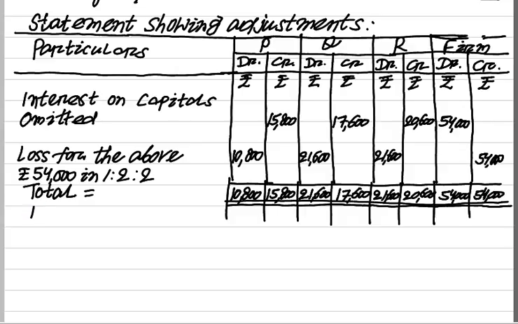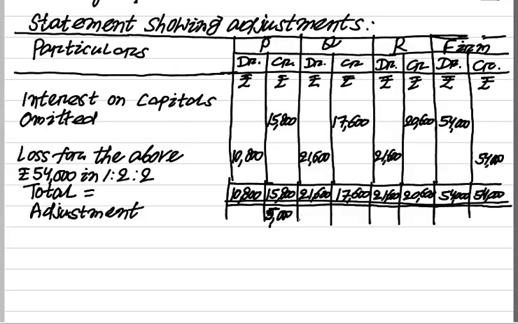Then comes your adjustments. Adjustment means P's debit is smaller than credit, so the final amount will be 5,000 for P credit.